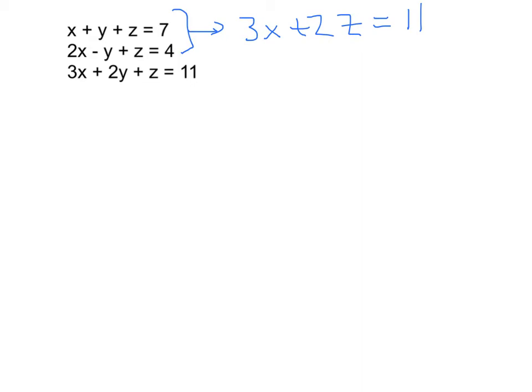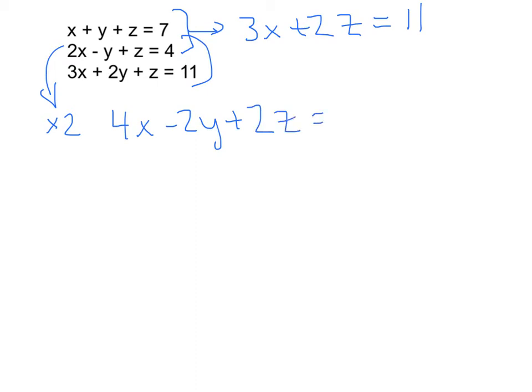Then we can do our standard two equation, two variable method for eliminating either x or z, and we're down to one variable and one equation. So to do this, however, we look at it and we realize that the y's have a different amount. So we're going to take this second equation and we're going to multiply it by 2. That's going to yield 4x minus 2y plus 2z equals 8.